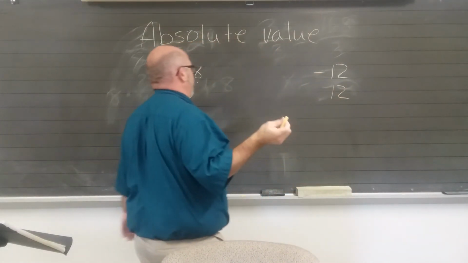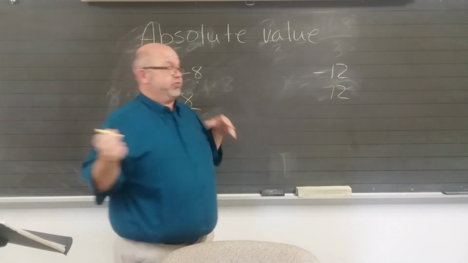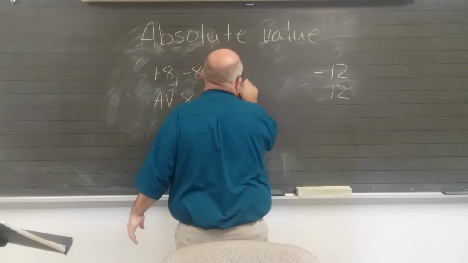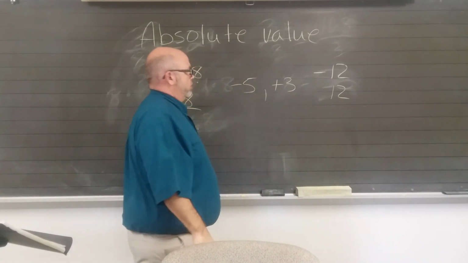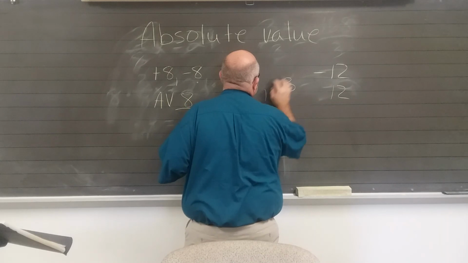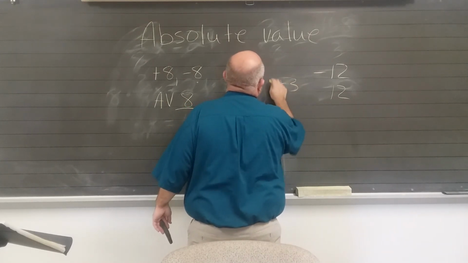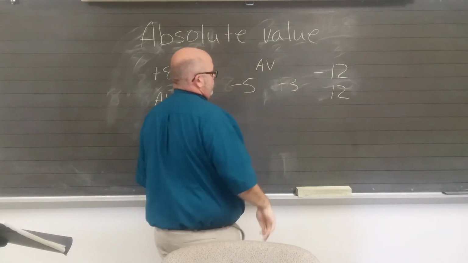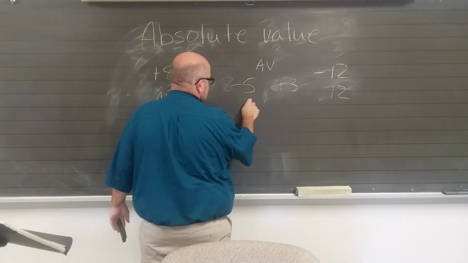Okay, so you're going to get questions like this. Which one of these has the greater absolute value? So you have negative 5 and positive 3. Which one has the greater absolute value? So we're going by absolute value. So the absolute value of negative 5 is what? 5.